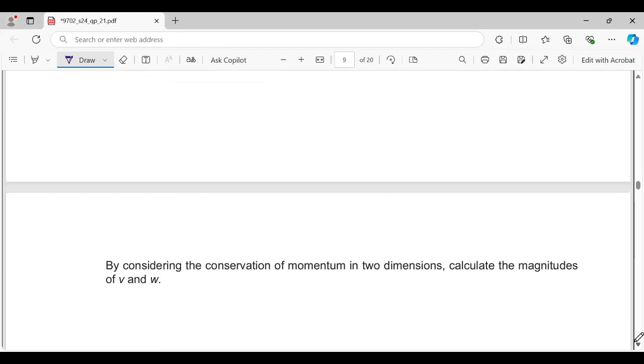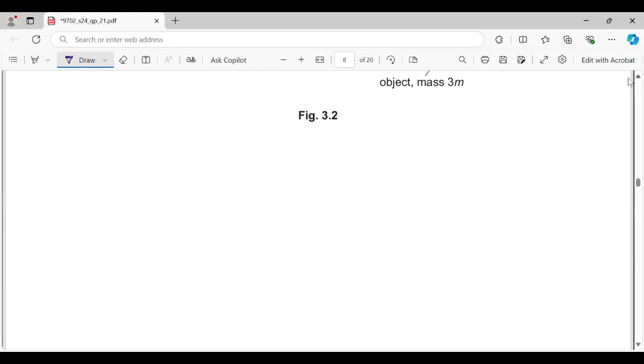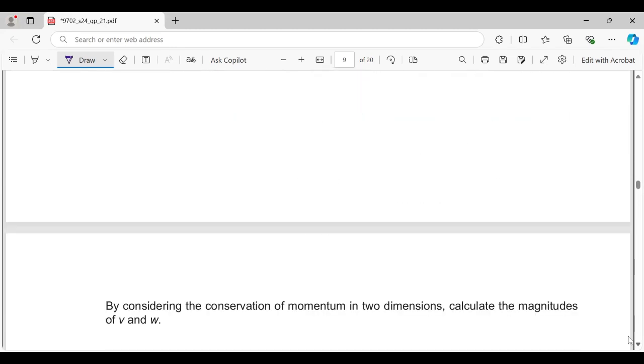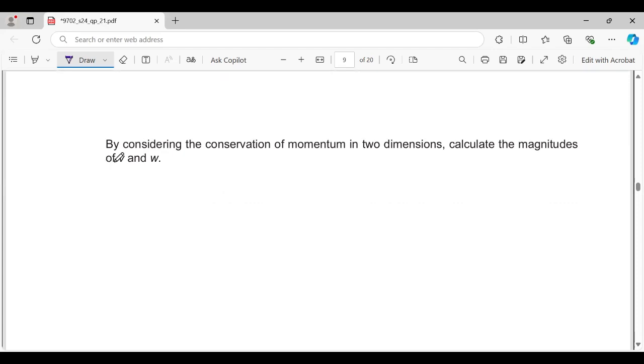By considering the conservation of momentum in 2 dimensions, calculate the magnitudes of v and w. So we are going to calculate the velocity of the 2m object and the velocity of the 3m object, v and w.